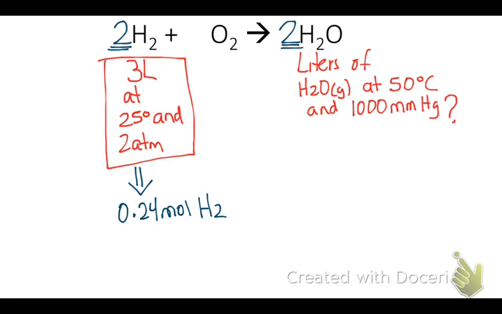Okay. First, we know that we have 0.24 moles of hydrogen, and as the relationship is 1-to-1 because 2 moles of hydrogen produce 2 moles of water vapor, so 1 mole of hydrogen will produce 1 mole of water vapor, then 0.24 moles of hydrogen will produce 0.24 moles of water vapor.